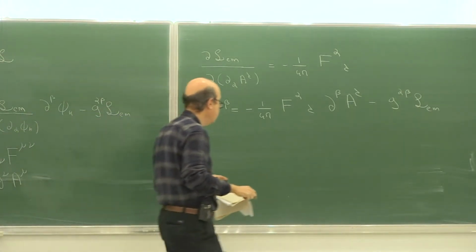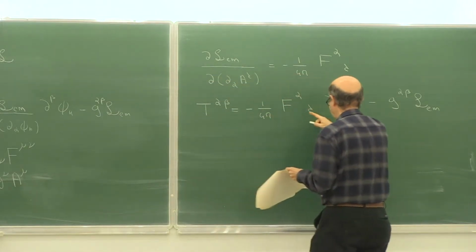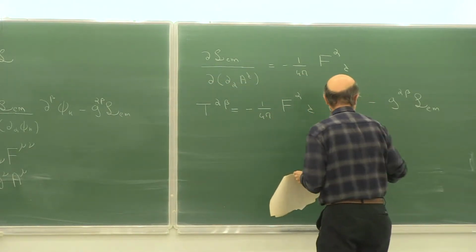What are the free indices? Alpha and beta. Lambda and lambda is contracted.